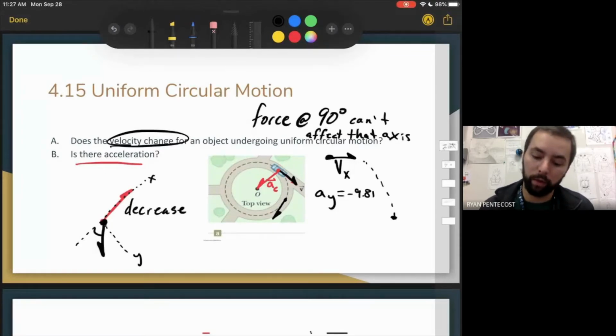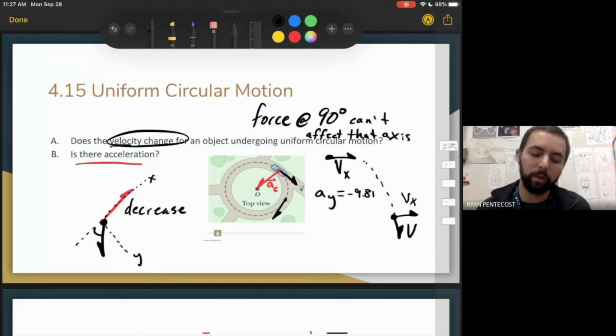Now, if you look at this, when that object hits, the velocity vector is now at a different direction, right? It's v in the x direction component, right? That component will still have the same value, but the overall vector has now changed directions.